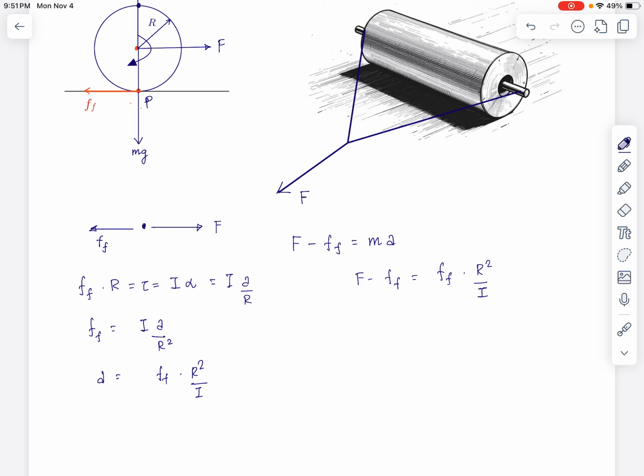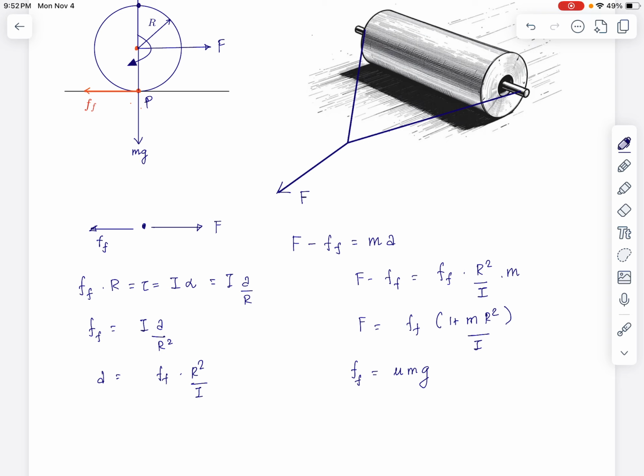Or we have the applied force equals the frictional force times 1 plus m r squared divided by I. So what is the maximum value of the frictional force? The maximum value of the frictional force is mu times m times g, and the frictional force cannot exceed that.